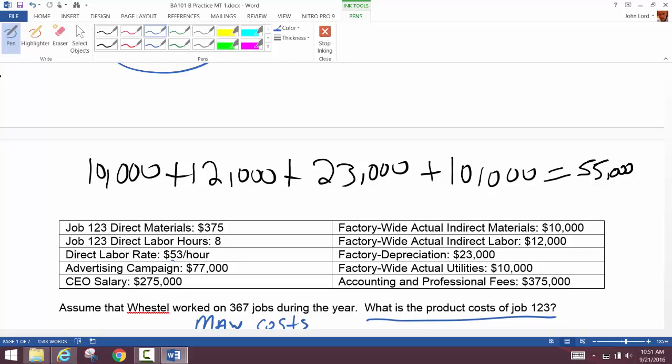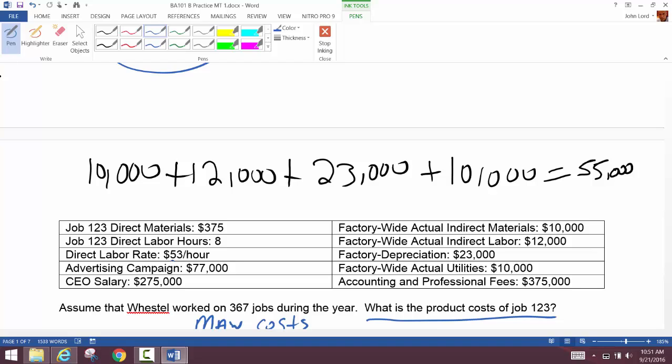The only debit to work in progress is the applied amount of manufacturing overhead, right? Okay, so I debit my manufacturing overhead for 10,000. What do I credit? I credit raw materials for 10,000. Good.